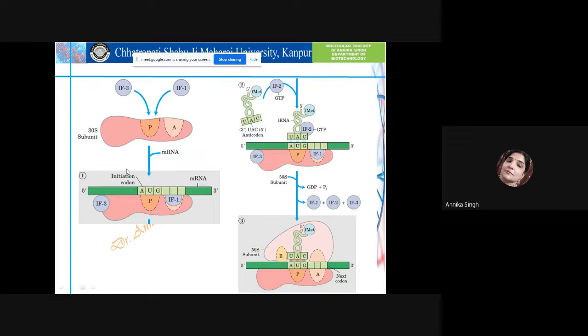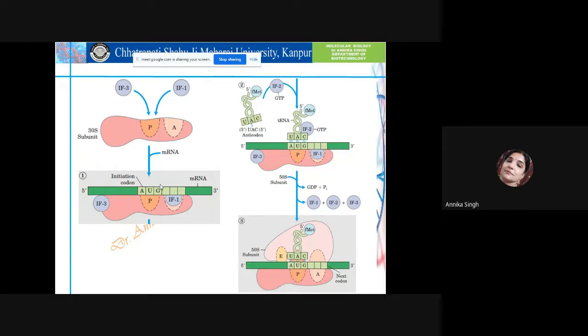So the transfer RNA responsible for recognizing this initiation codon is N-formyl methionine transfer RNA, and it is distinguished from other methionine codons by its proximity to the Shine-Dalgarno sequence in the messenger RNA.